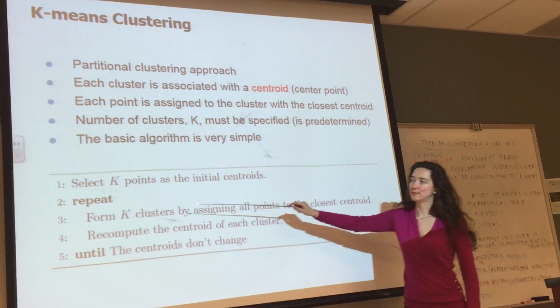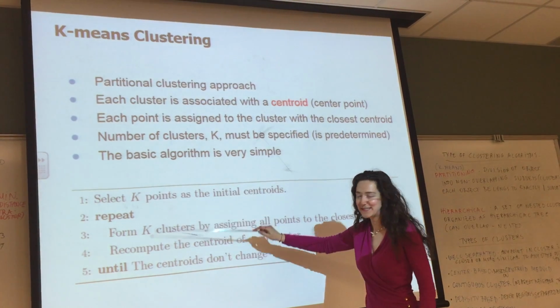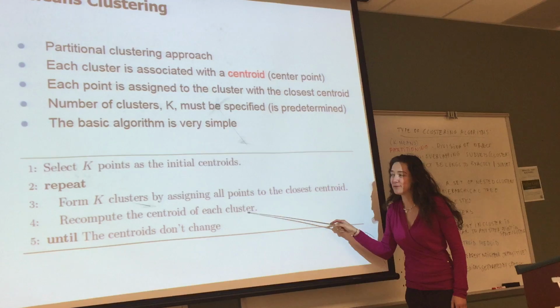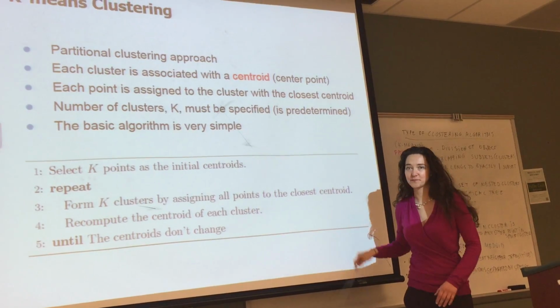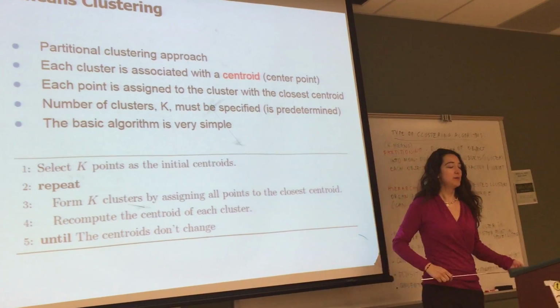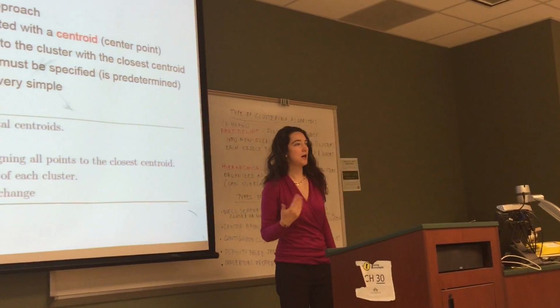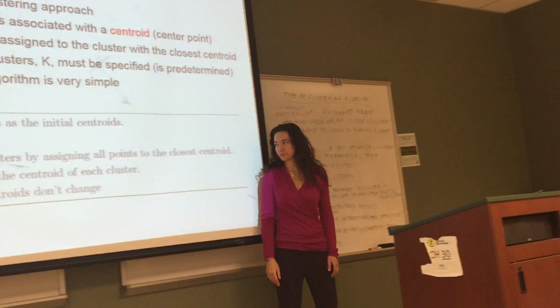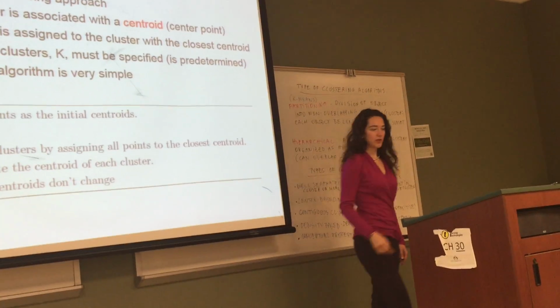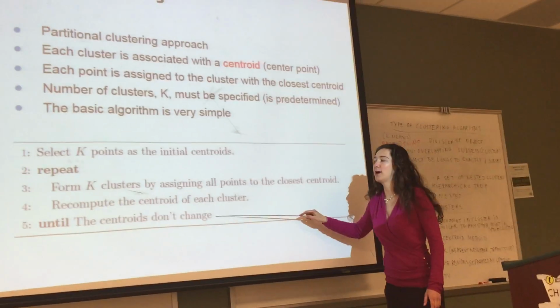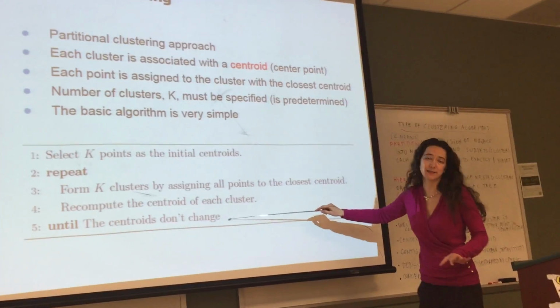And repeat until, once we recompute them, they stay the same. If that happens, then we are done with this algorithm, and we have the optimal clusters. We can have many iterations until that happens, or maybe it will never happen exactly, but we come very close to it and we will stop.